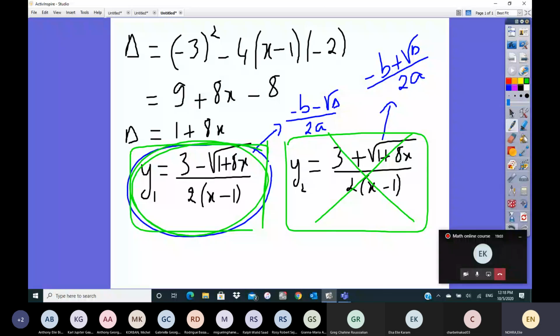But sometimes you get confused, you won't know which one is negative or positive. So this is why I have to follow the mathematical path, which is the following. Look at the curve.